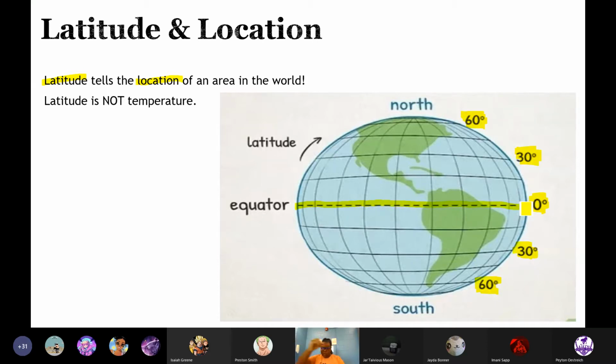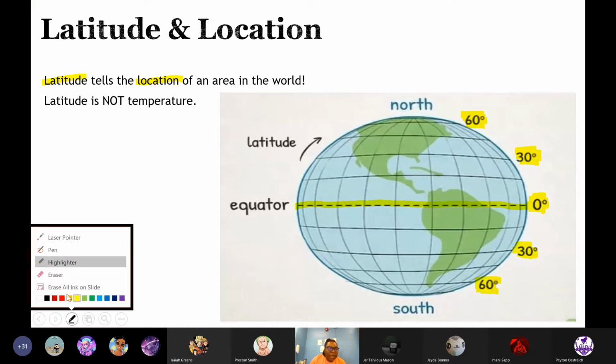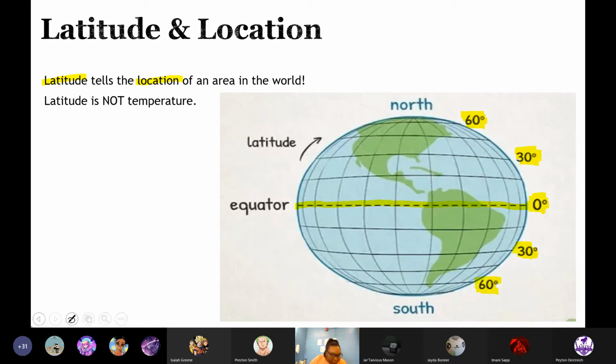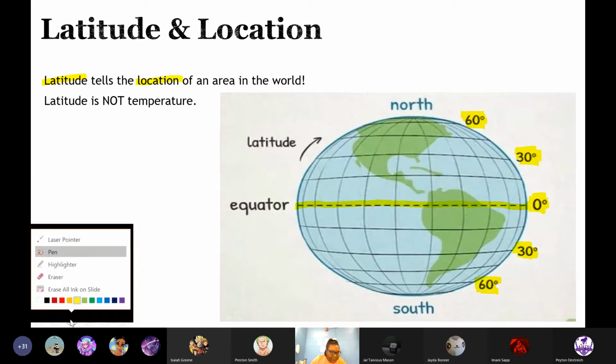And the equator, which Ms. Neville just highlighted, is very important in helping us understand our latitude. It's important that we understand that the equator bisects our world into two different parts. Trying to get my marker, give me a second. There we go.